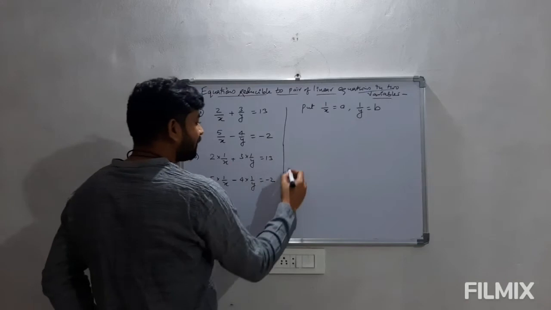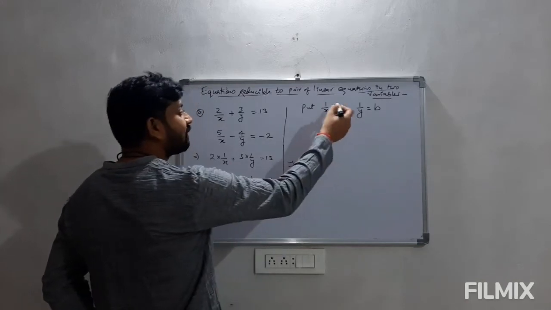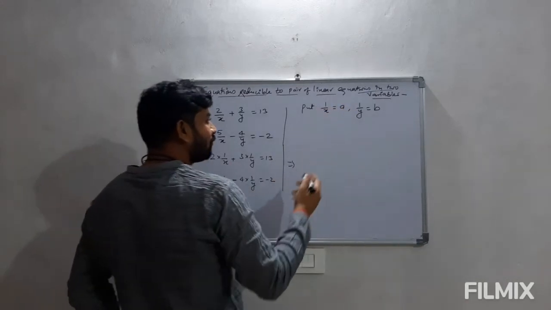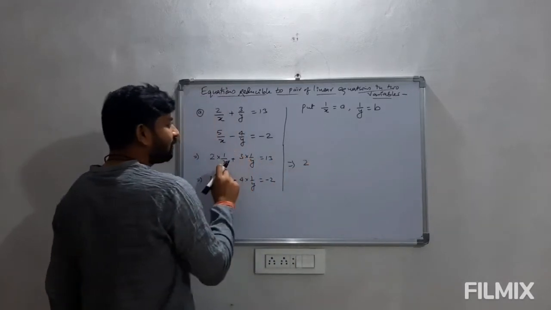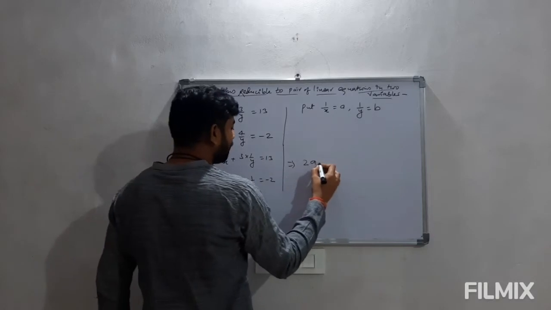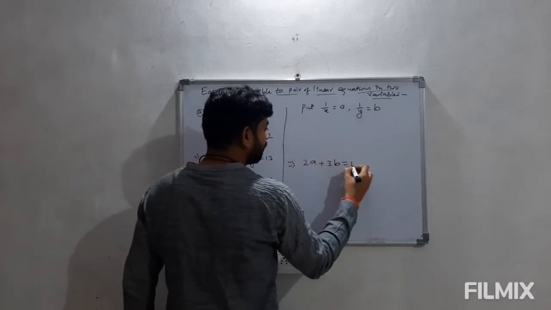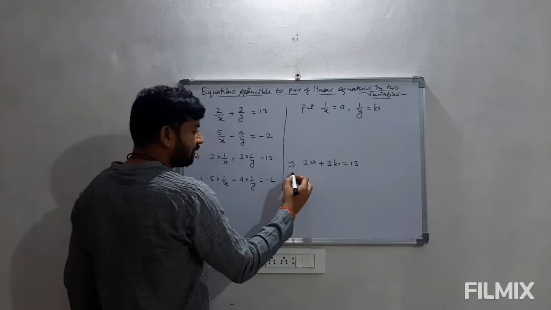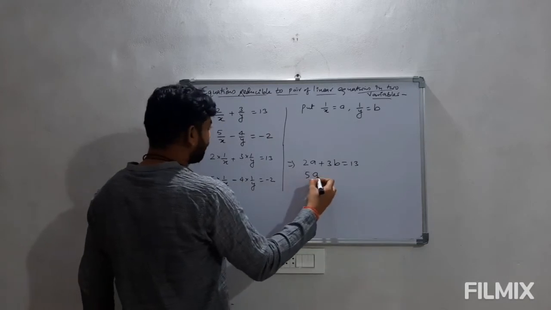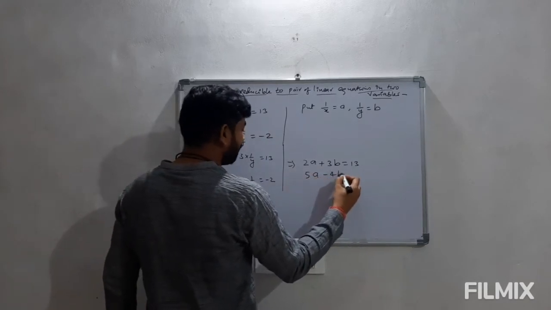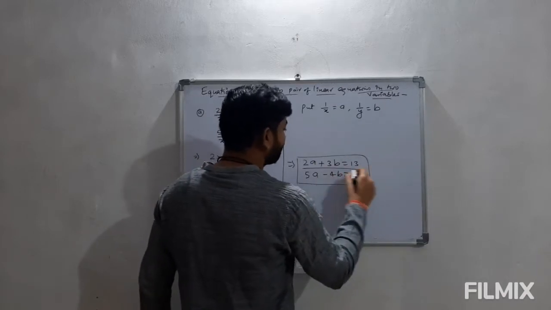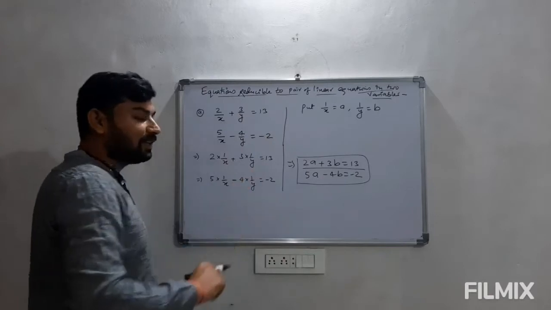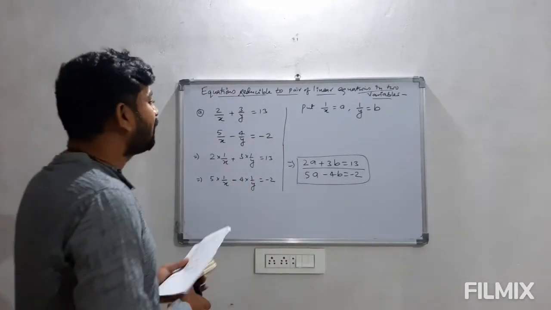So if we replace 1 upon x by a and 1 upon y by b, what will we get? 2a plus 3b is equal to 13, and in the second equation 5a minus 4b is equal to minus 2. Now these two equations are simply linear equations in two variables.